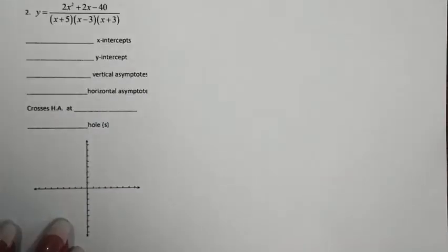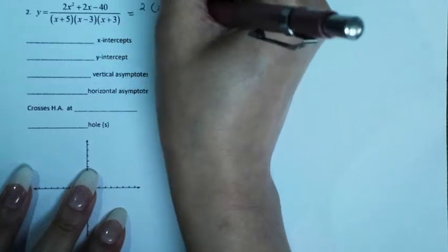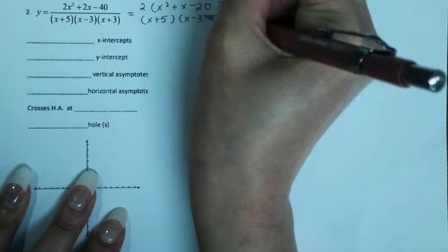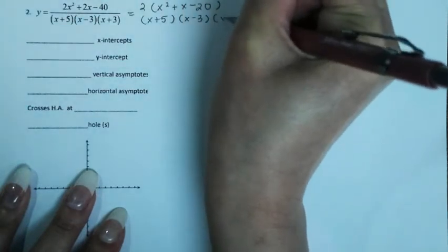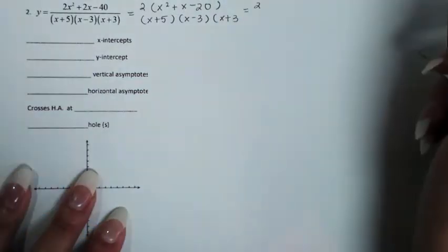For number 2, what we have is we can realize that at the top you can take out the greatest common factor, so it's 2, so you have x squared plus x minus 20, and then you divide this by the already factored out situation that you have over here. Okay, so obviously we can factor the numerator a little bit more.